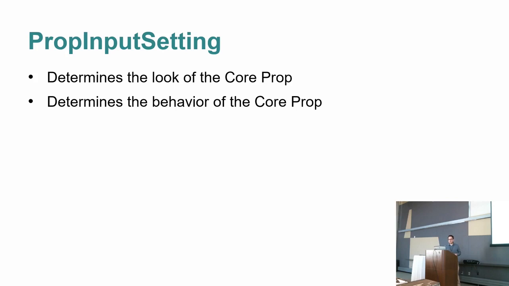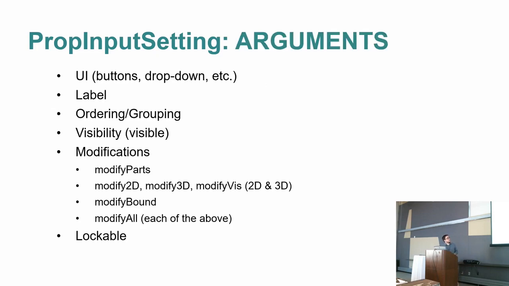And this is all accomplished by providing the prop input setting class with a map of arguments and a set of attributes. Arguments include, but are not limited to, UI.